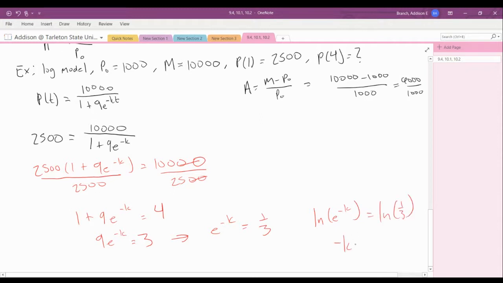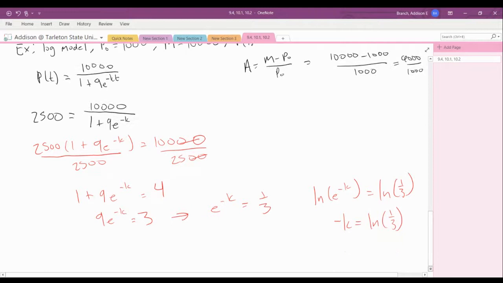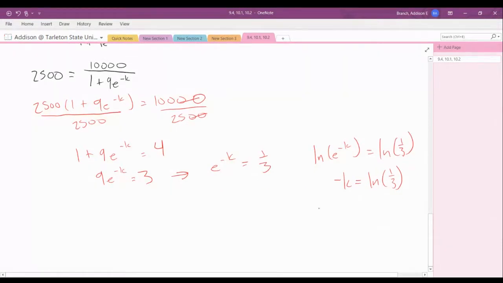And therefore negative k is the natural log of 1/3. Which if you plug that in your calculator, you get negative k is equal to negative 1.099 approximately.